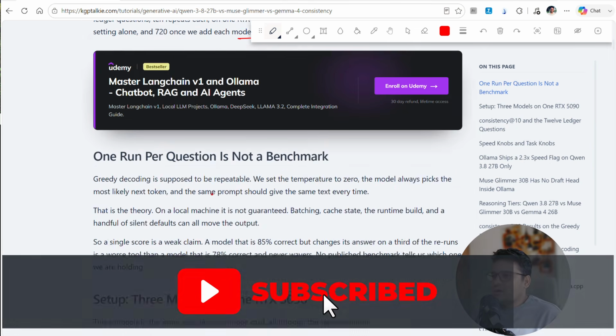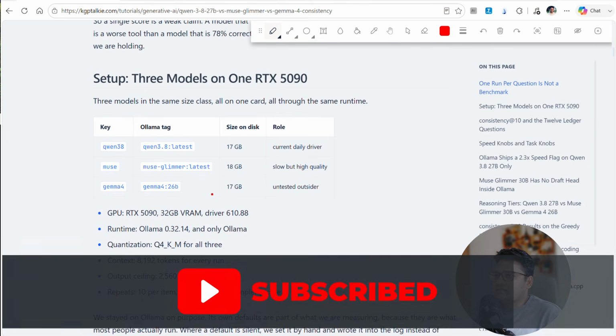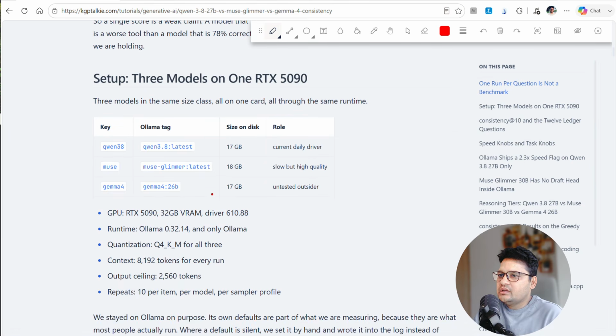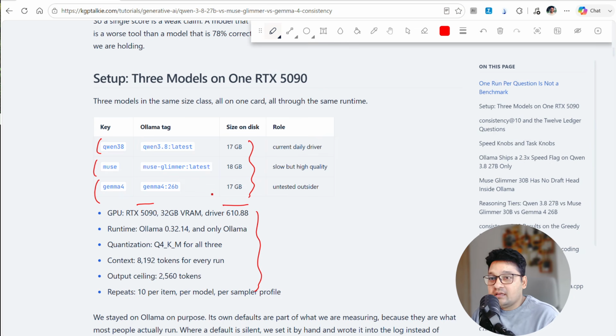Let me quickly tell you the exact setup I'm currently using. I am using Qwen 3.8, Meta's Muse Glimmer model and the Gemma 4 model. You will notice all of these models take generally 17 to 18 GB of VRAM. Apart from that, here is the additional setup: RTX 5090 and my current NVIDIA driver version.